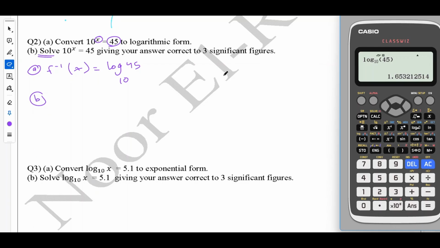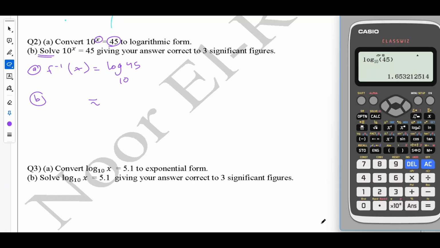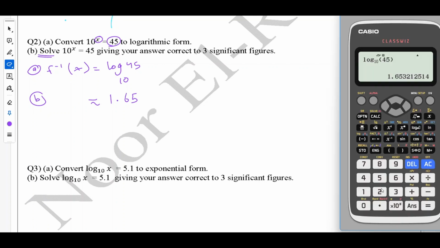We're talking about 3 significant figures, so it rounds to 1.65. I think you see the key. I have 2 keys for logarithm, this is the first one and this is the second one, and we're going to use both over time.